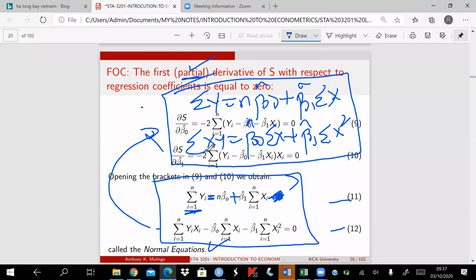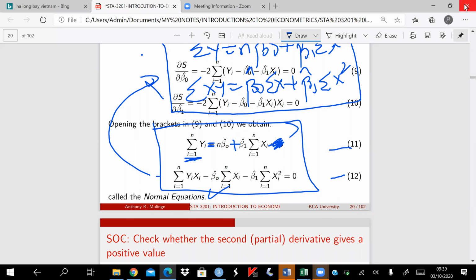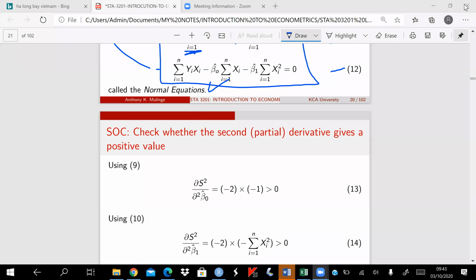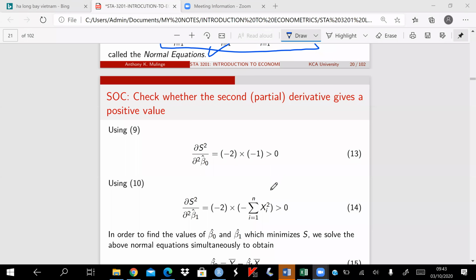So that was the first order condition. We can check the second order condition. So that means we do 2 successive derivatives of each one of them with respect to beta naught and also with respect to beta 1. So the next step is to check the second order conditions.